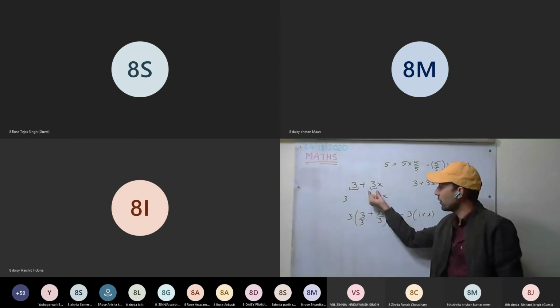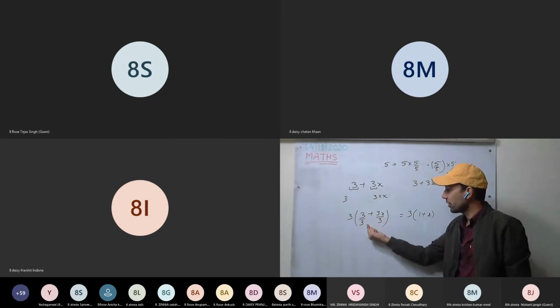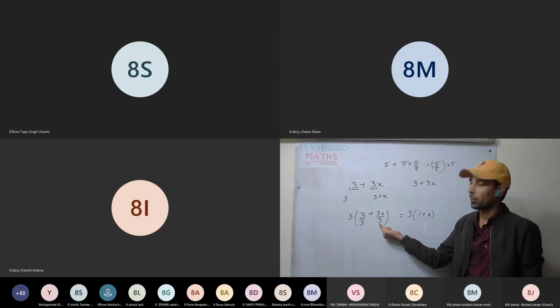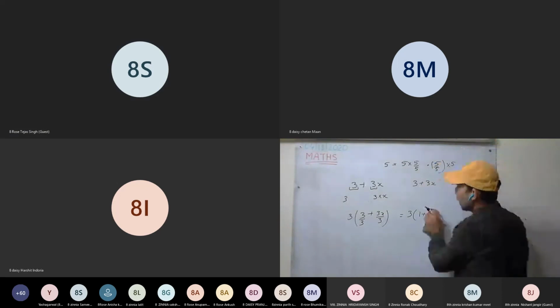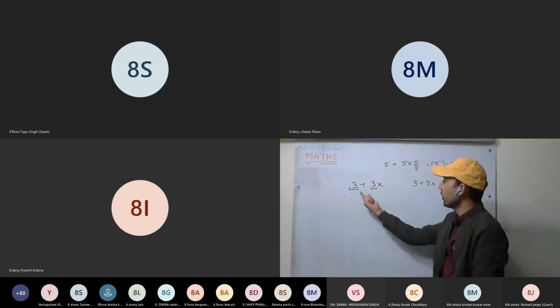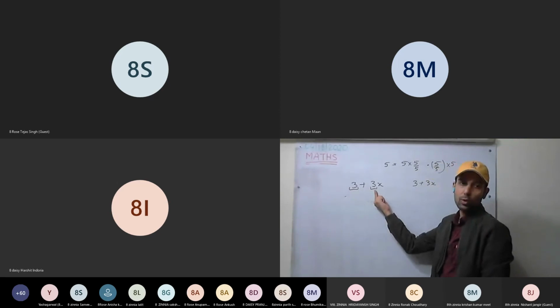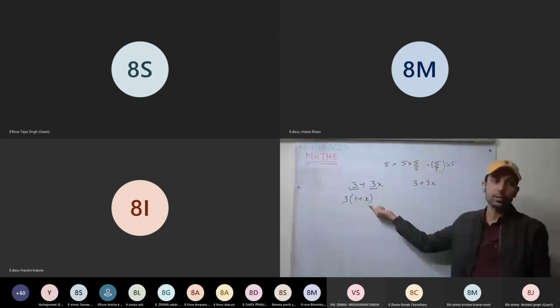Mainly this is the method. We find the common factor and put the common factor outside, and in the bracket we divide each term by the highest common factor. Or the simplest way to solve is by looking at it: we know 3 is the common factor. Take the 3 outside. In the bracket it will be remaining 1 plus x.